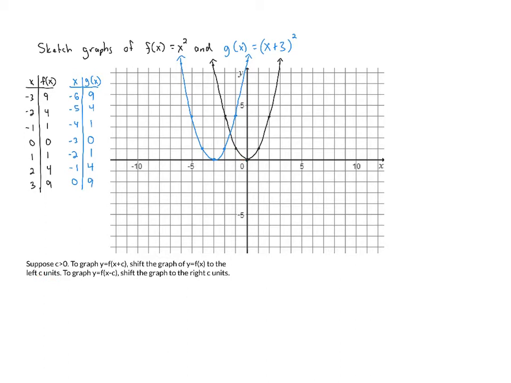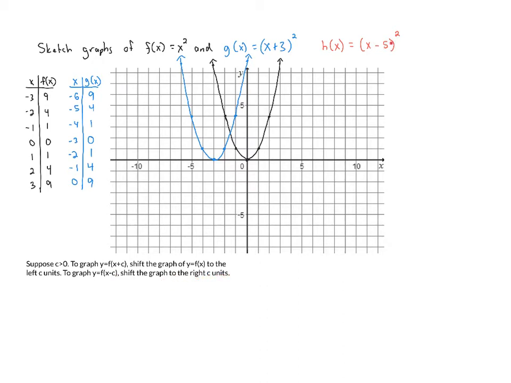Now I want to use this rule to sketch a graph of h of x equals x minus 5 quantity squared. This follows the second part of the rule. To graph y equals f of x minus c, shift the graph to the right c units.